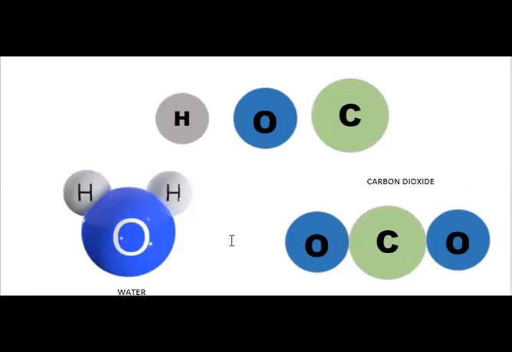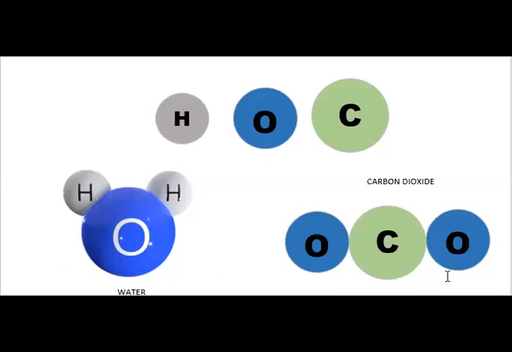Remember, a molecule is the smallest part of a compound. A compound is like the substance, the material, the actual water. If we break down the water into its smallest part, we come to its molecule. If we want to break this molecule down, we break it down into atoms.